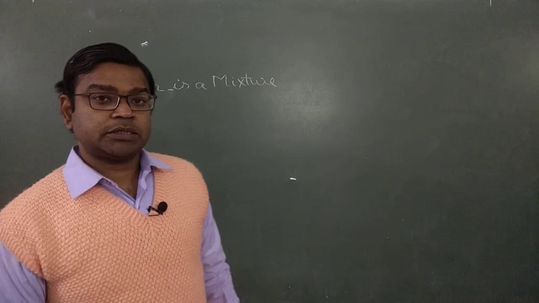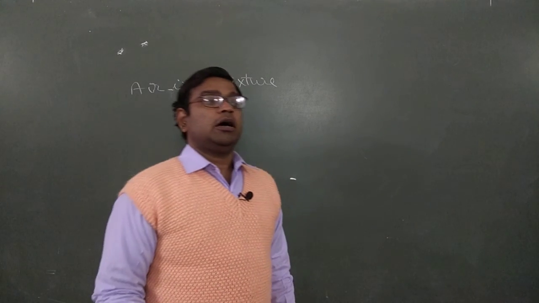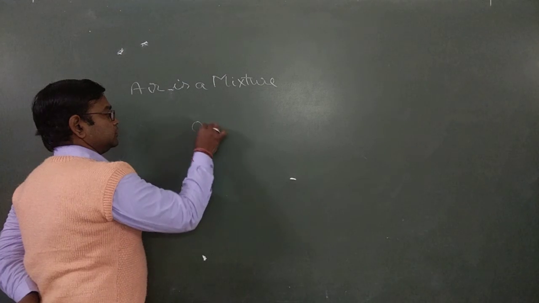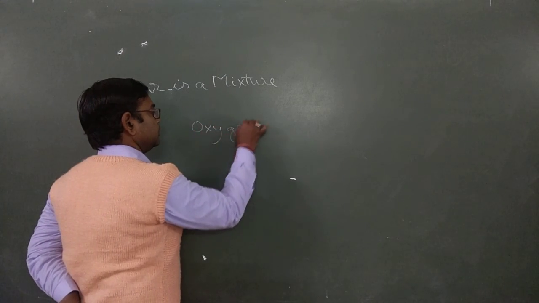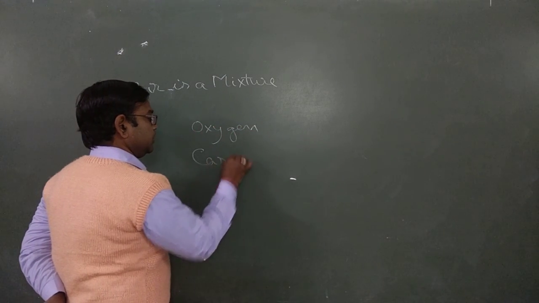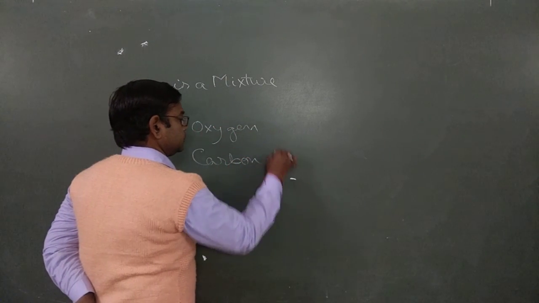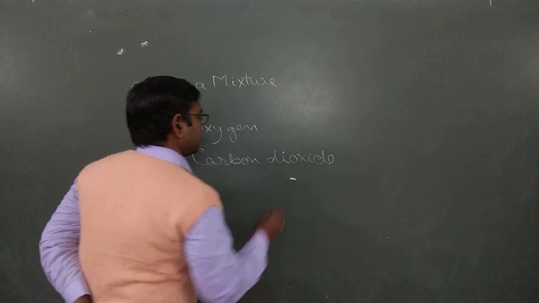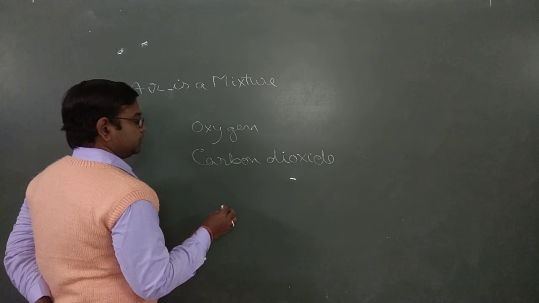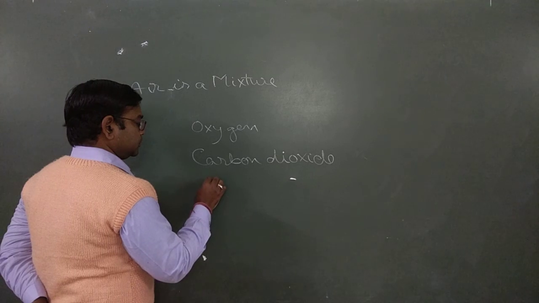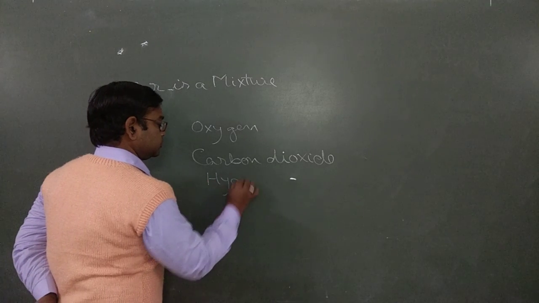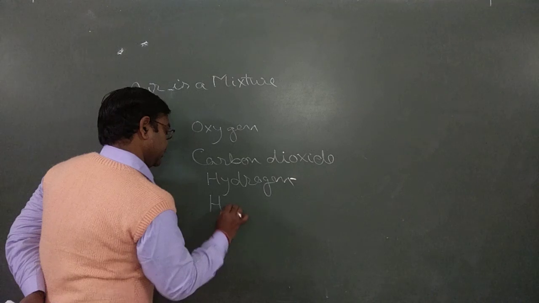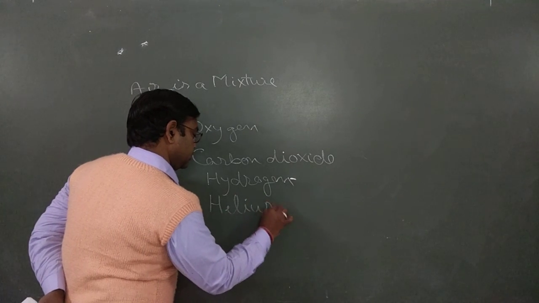If air is a mixture, how can we say so? In air, oxygen is available. Carbon dioxide is also available. We have some hydrogen also. Among inert elements, helium gas is present.